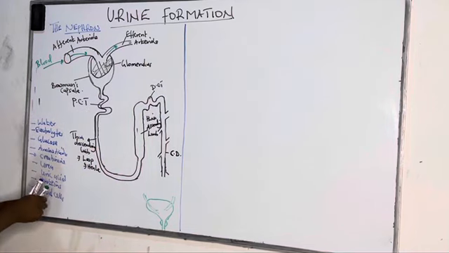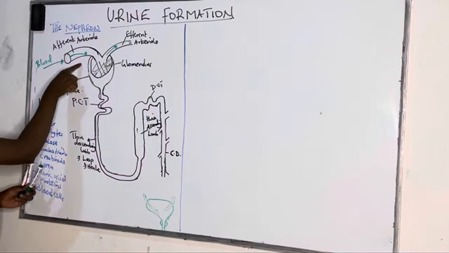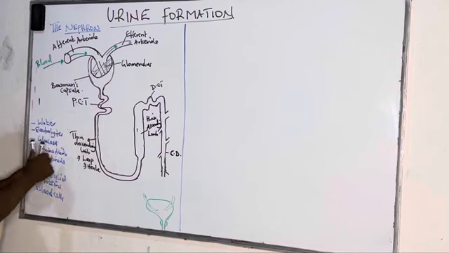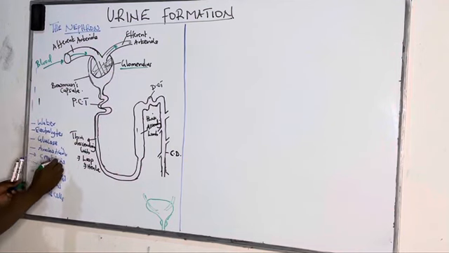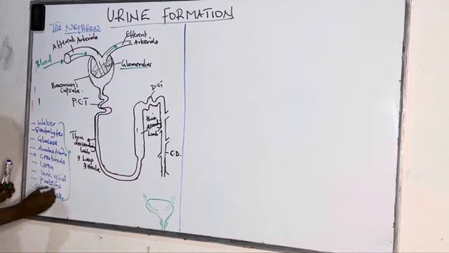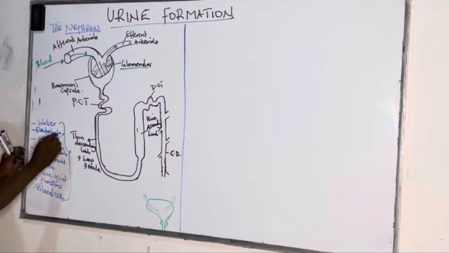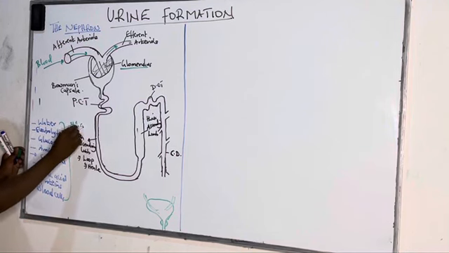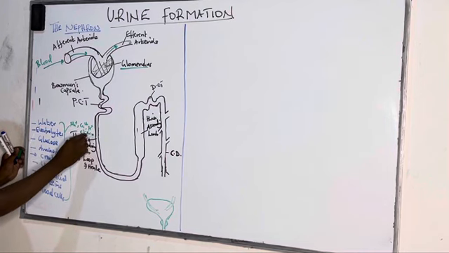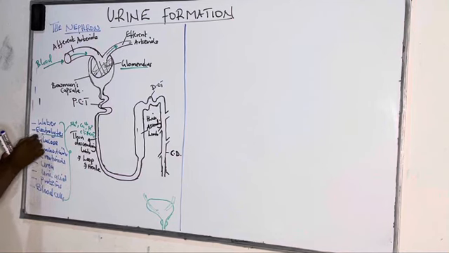And as blood is coming through the afferent arteriole into the glomerulus, it contains substances like water, electrolytes whereby we have cations and anions like sodium, calcium, potassium, chloride, bicarbonate. All these are electrolytes.